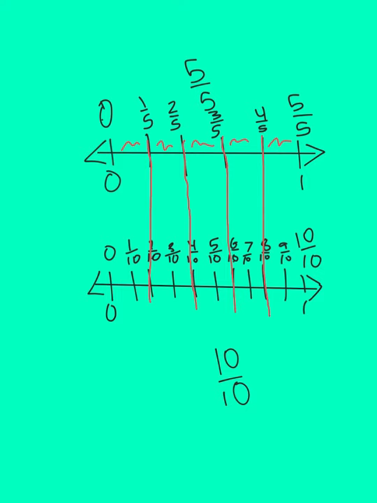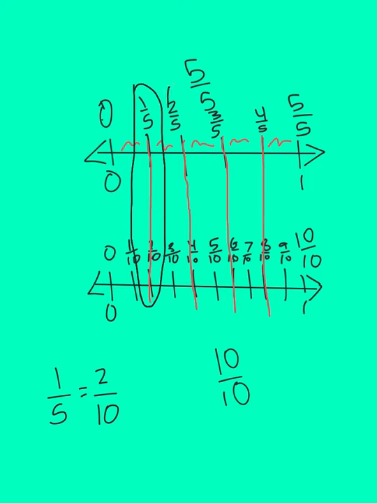So anyway, now that we've got our 2 number lines drawn, we can see which ones are equivalent. So we can see that obviously 1/5 and 2/10 are equivalent right here. So I'm going to say 1/5 equals 2/10.